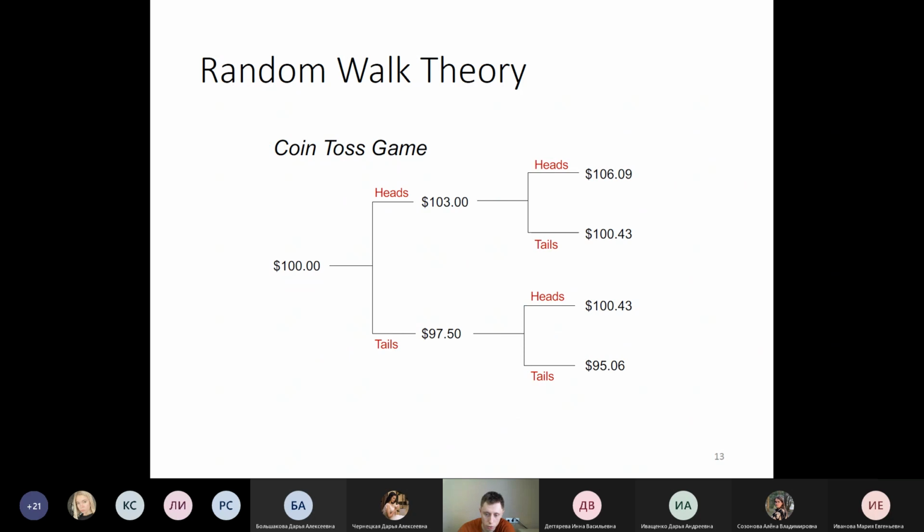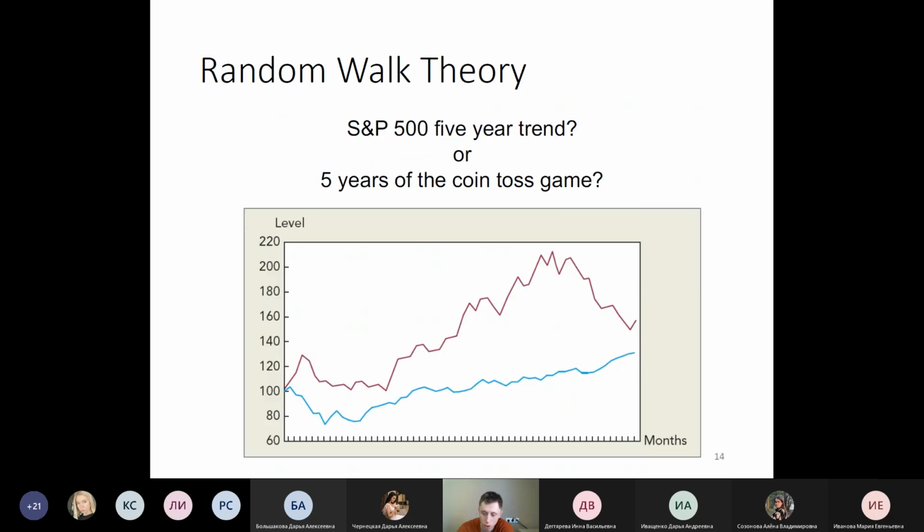Here is the illustration of such idea, that there is a Standard & Poor's chart and there is a coin toss game, and it's difficult to say which chart represents what.